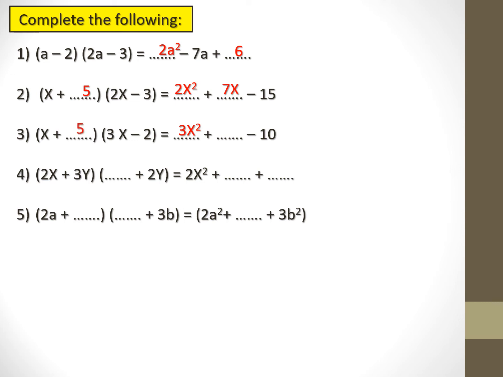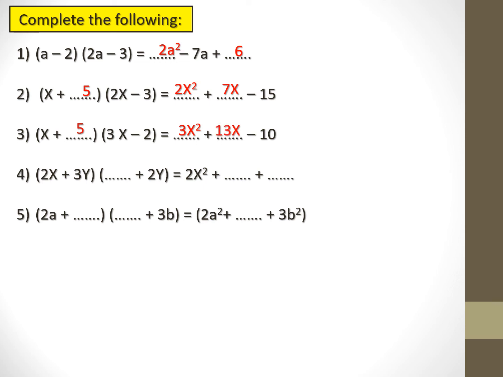To find the middle term, the product of means plus the product of extremes, 5 times 3x, 15x, and x times negative 2 equals negative 2x. If we add 15x plus negative 2x equals 13x.